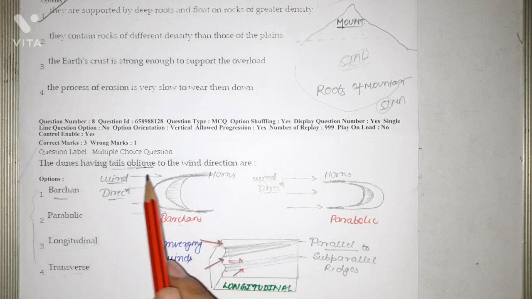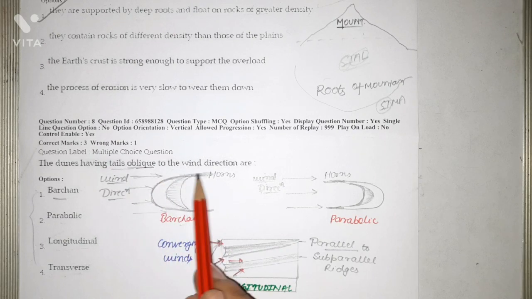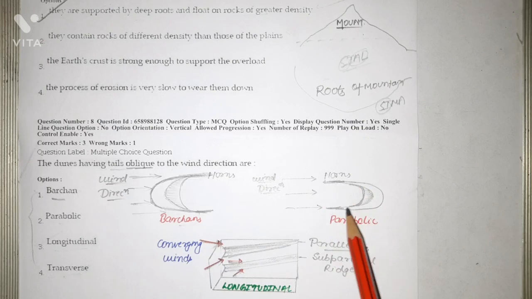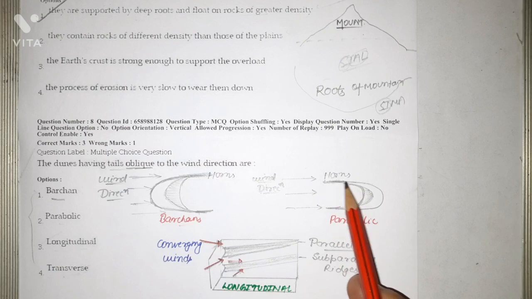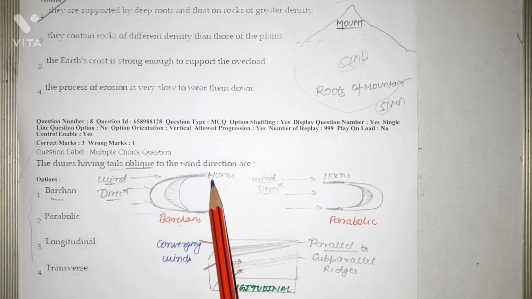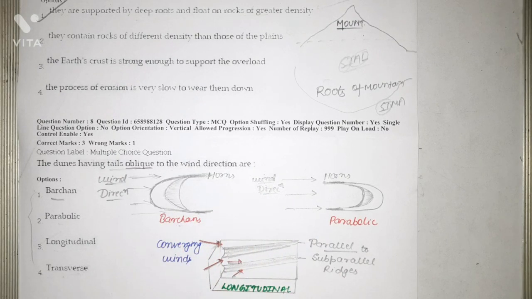If this is the wind direction, these are pointing downwind. While parabolic dunes are just opposite to Barchan dunes, because in parabolic dunes these horns or wings point in the upwind direction, while in Barchans, horns or wings point in the downwind direction.